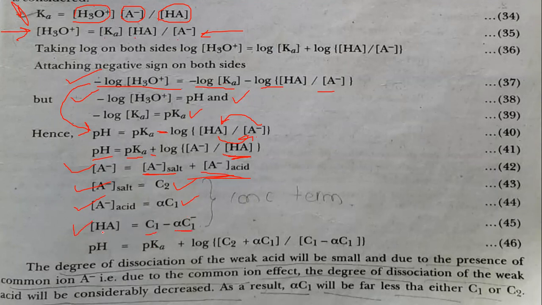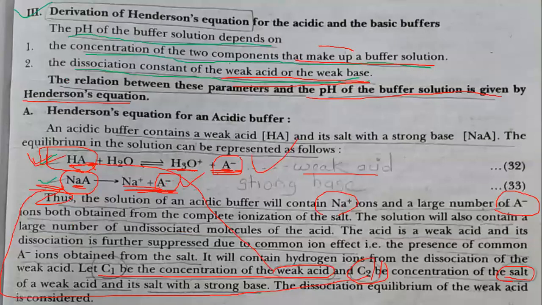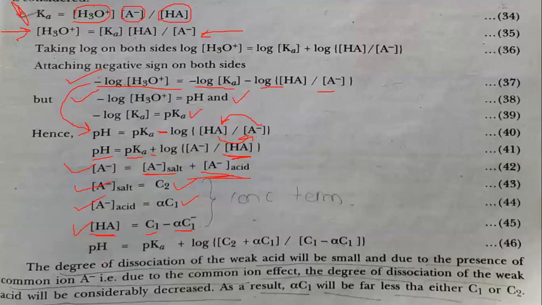The concentration of this is actually C1, which you have seen here: C1 is the concentration of weak acid. But after time t, some A minus has formed, so its concentration has to be subtracted from this. How much amount of this one is left after time t is C1 minus alpha C1.